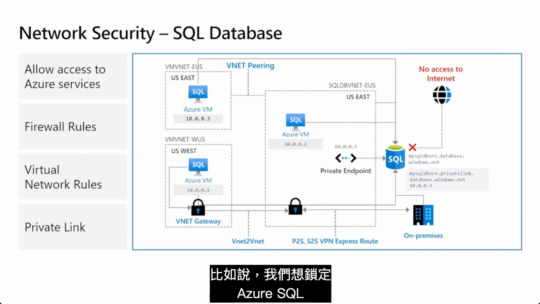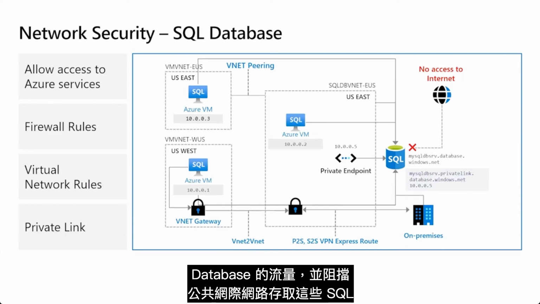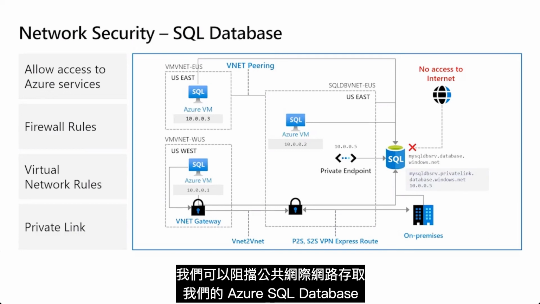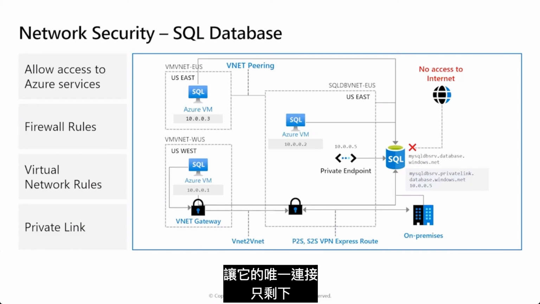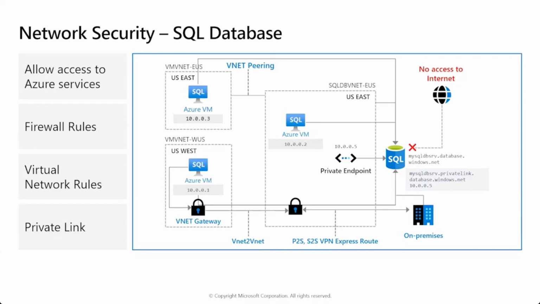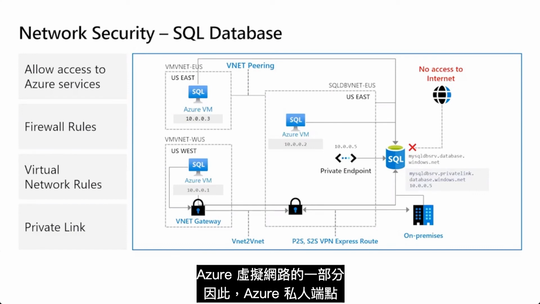So let's say we wanted to lock down the traffic to our Azure SQL databases and block off public internet access to these SQL databases. So using private endpoint, we can block off public internet access to our Azure SQL database so that the only connection it has is a private endpoint, which is part of the Azure Virtual Network that Azure SQL database talks to.